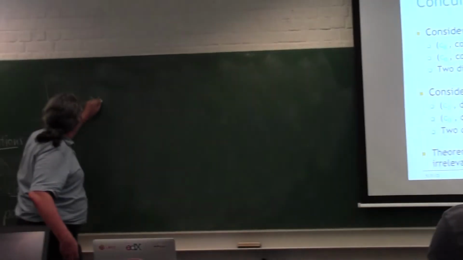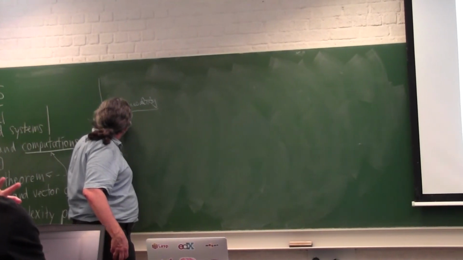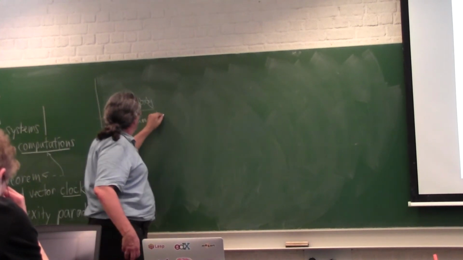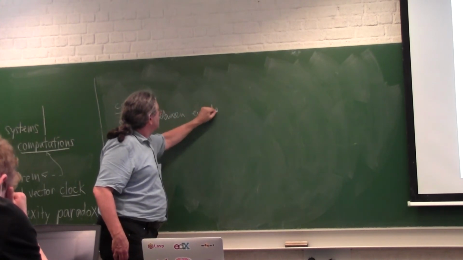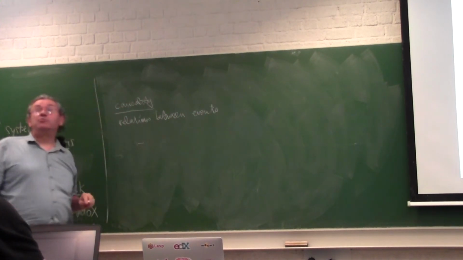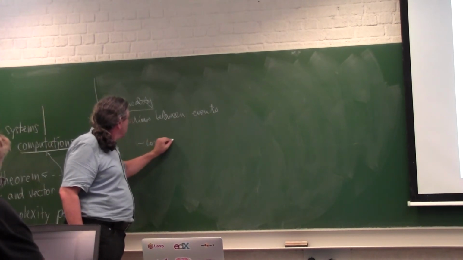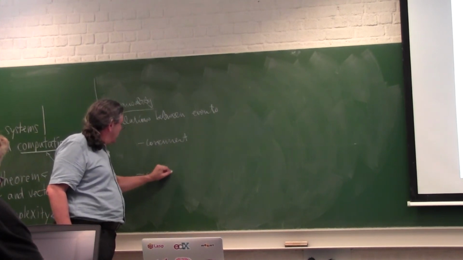So let's talk about causality. And we're going to take the causal relations. We're going to talk about relations between events. And we already know events: comp events and DEL events. And there's two kinds of relations between events. Events can be concurrent, or they can be causally connected.